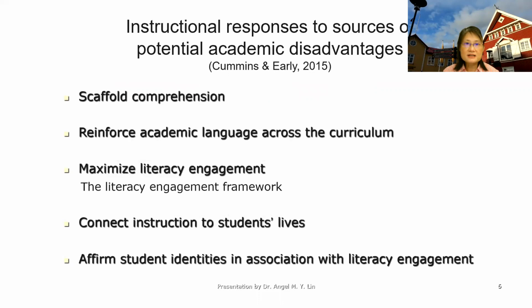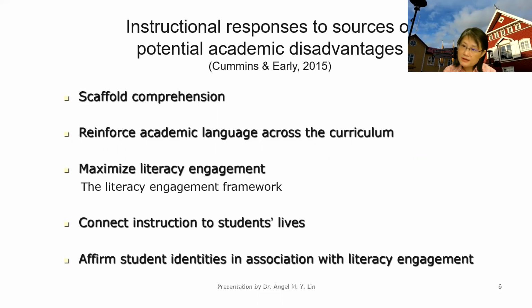Jim Cummins' idea is, in order to get students to be interested and excited about learning language, we need to scaffold their meaningful comprehension. We also need to reinforce the kind of academic language they learn across the curriculum.